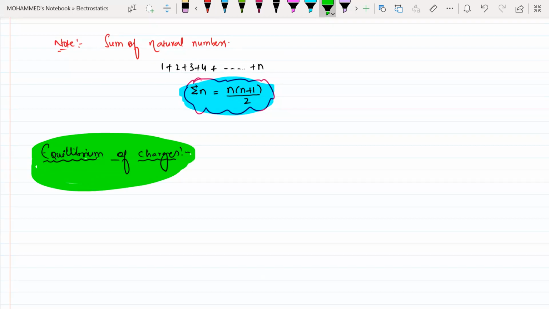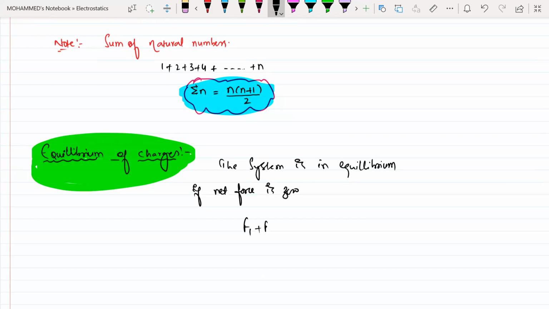If net force is equal to 0, then the system is said to be in equilibrium. Net force is 0 means the sum of all the forces acting, F1 plus F2 plus F3 plus whatever forces we have, must be equal to 0.